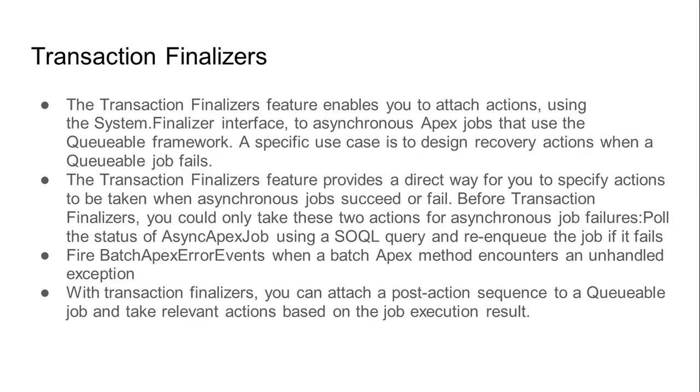And another thing is, if you want to have a count, like in a batch class, you want to know how many records are processed or which are successful or unsuccessful, you would be able to do that. So that's about transaction finalizers. Please, wherever you're utilizing Queueable, handle these transaction finalizers, which means implement this finalizer interface.